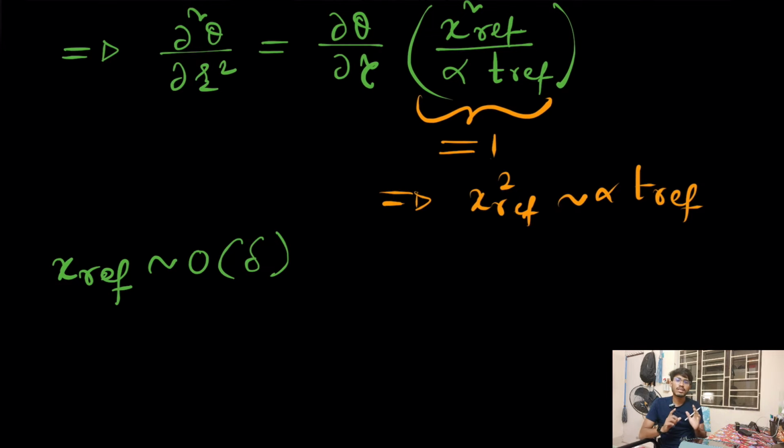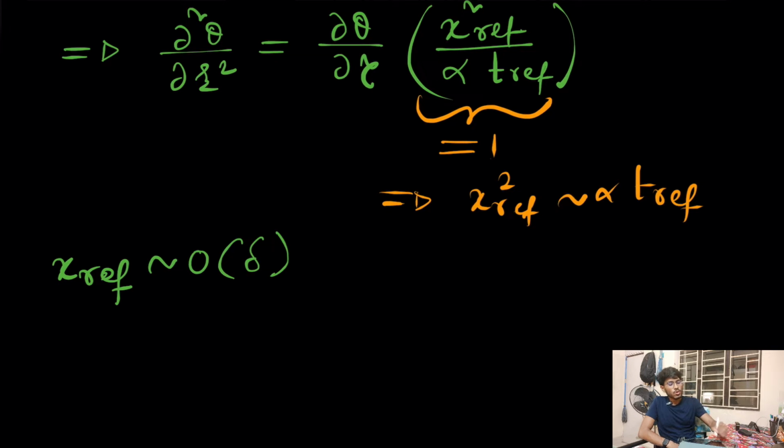But here I will say that my x ref is of the order of delta, not equal to delta. So that will be a much more appropriate description from the point of view of mathematics. So in the boundary layer theory also, we say that my y length scale is of the order of the boundary layer thickness, inside the boundary layer thickness, not the outside. Okay, and loosely we can tell that my y ref is equal to delta.